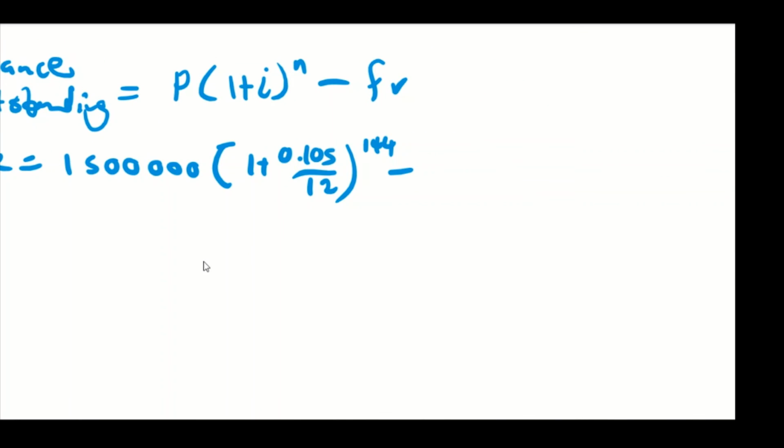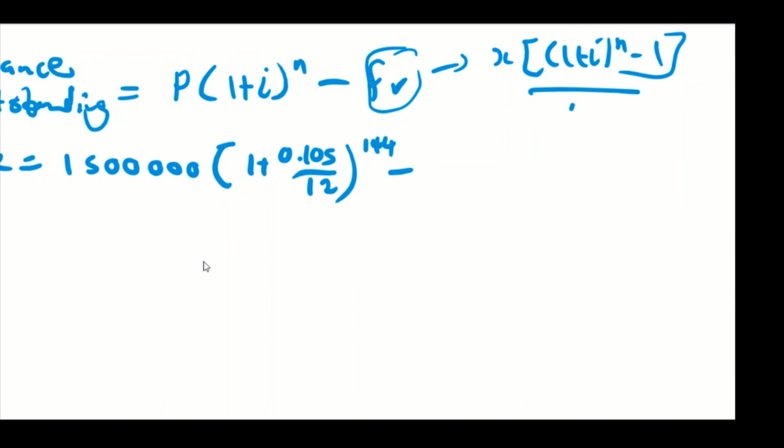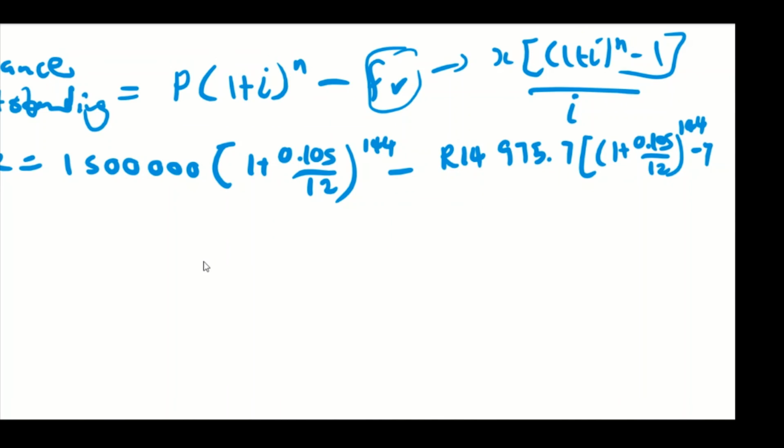We know the future value annuity is given as x into 1 plus i to the power of n minus 1, divided by i, right? And we know that the repayments would be 14,975.7 into 1 plus 0.105 over 12 to the power of 144 payments, minus 1, divided by 0.105 over 12.